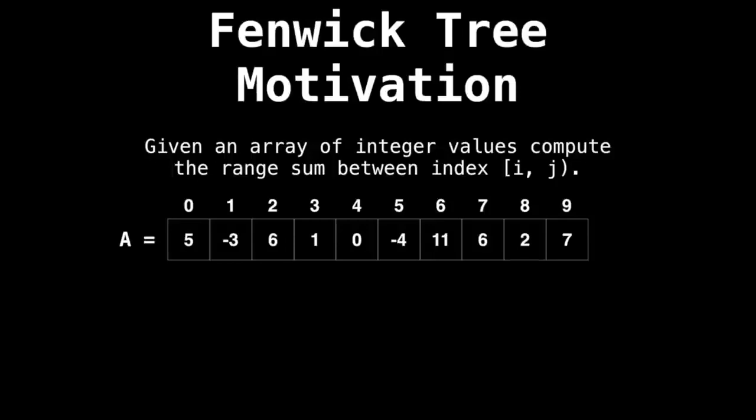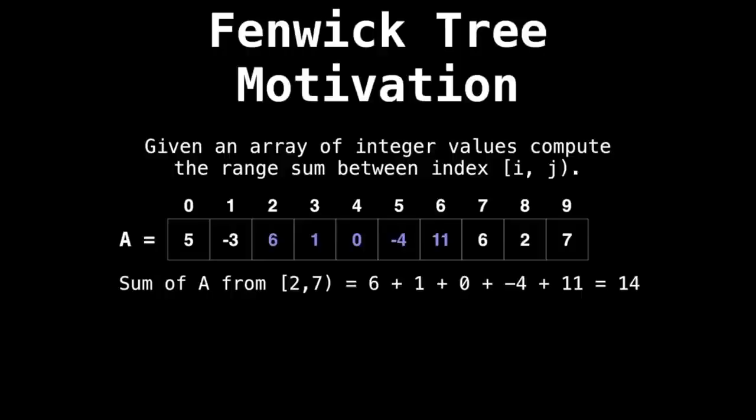So suppose we have an array of integer values and we want to query a range and find the sum of that range. Well, one thing we can do would be to start at the position and scan up to where we want to stop, and then sum all the individual values between that range.